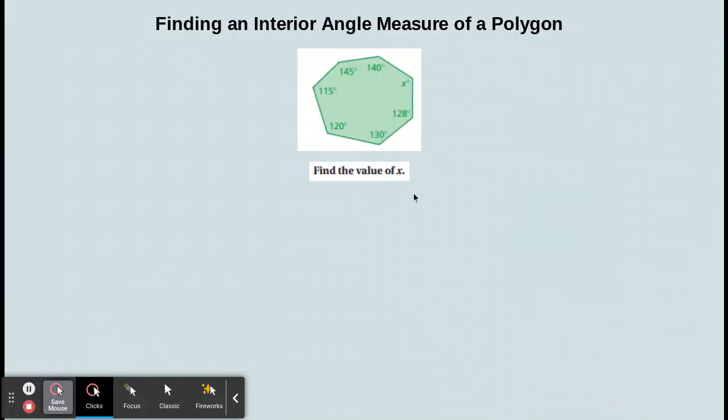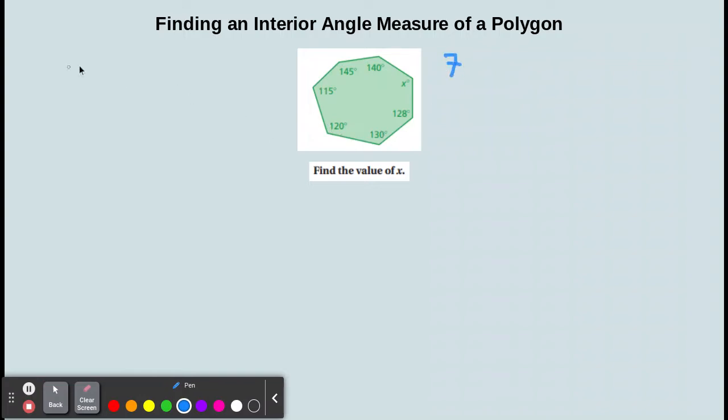Okay, so let's do an example. Here we have a polygon, and we need to find the value of x. With this polygon, it is 1, 2, 3, 4, 5, 6, a 7-sided polygon. That means if we use our formula of n minus 2 times 180, that will tell us the total these interior angles add up to.